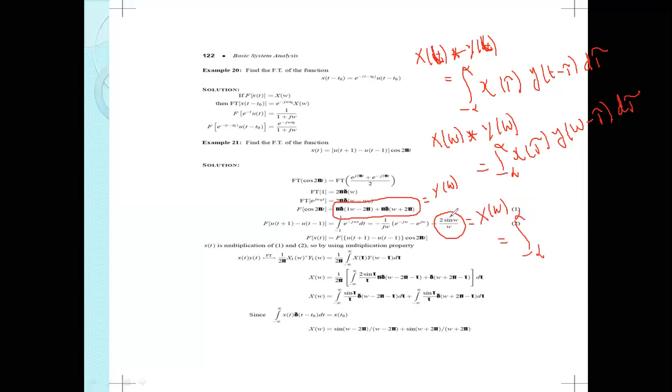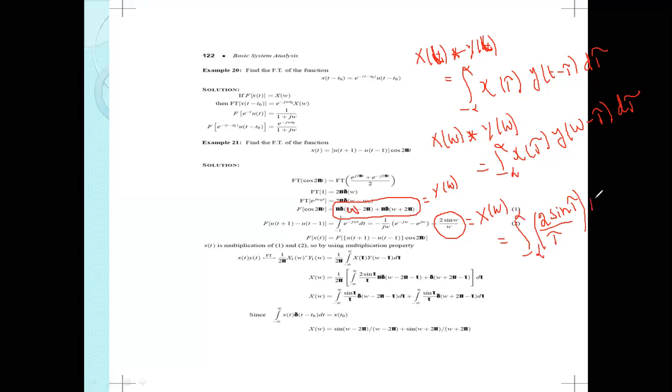We considered 2 sine omega by omega. Instead of omega here it is tau, so 2 sine tau by tau. And what is Y of omega here? Pi delta of omega minus 2 pi plus pi delta of omega plus 2 pi. Instead of omega here, replace the omega as omega minus tau.